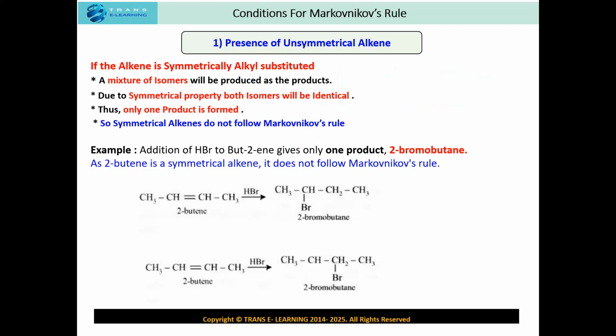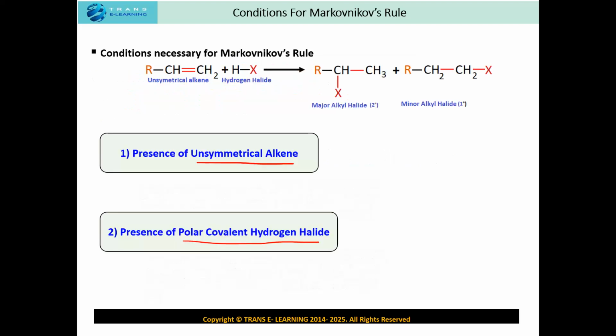Let us consider that the alkene is not unsymmetrical, it is a symmetrical alkene. Now what will happen? If the alkene is unsymmetrically alkyl substituted, a mixture of isomers will be produced as the product. You can see here that a mixture of isomers is produced in Markovnikov's rule with the unsymmetrical alkene.